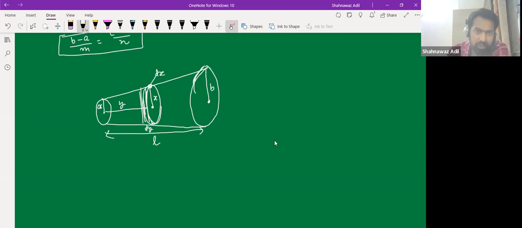So now this is the same kind of figure. We can write the small resistance dR. This would be rho, and the length between this strip is dy, divided by the area.